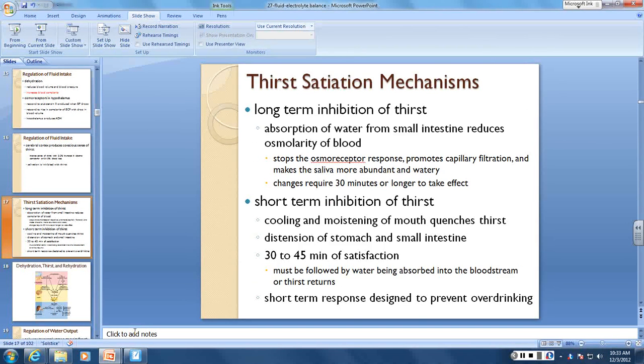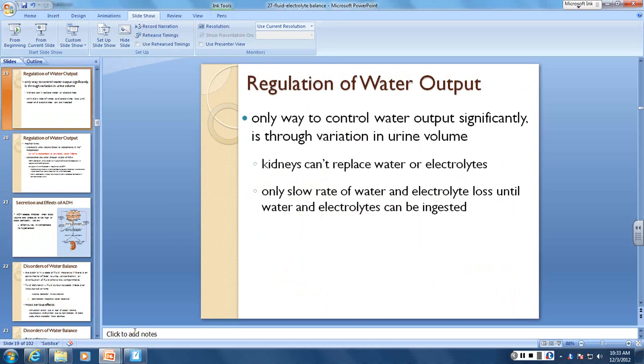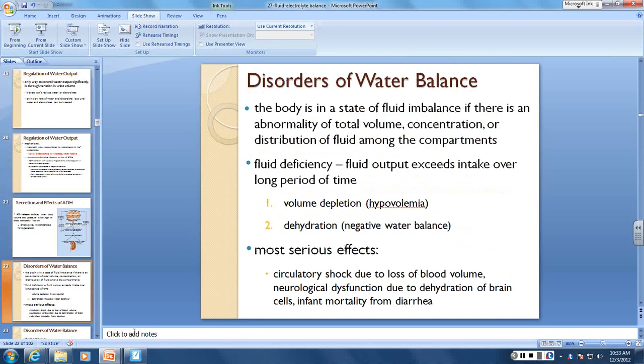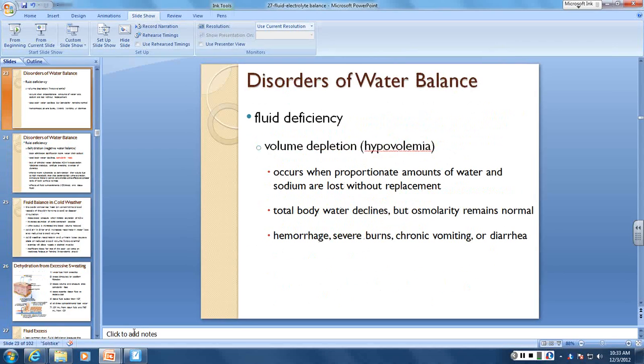And now let me spin, and there's information here that you all should go through. Okay, sodium is reabsorbed or excreted, water follows, ADH, fluid deficiency. So fluid deficiency is hypovolemia, one of those terms.